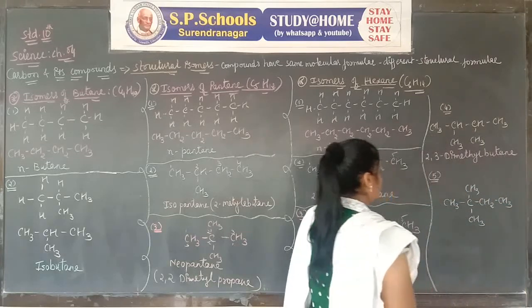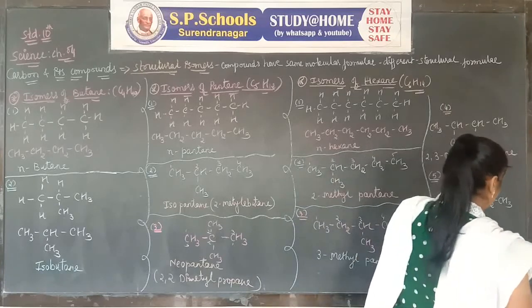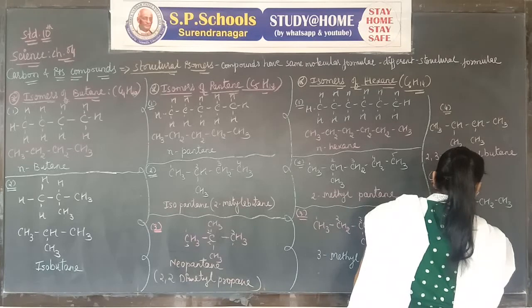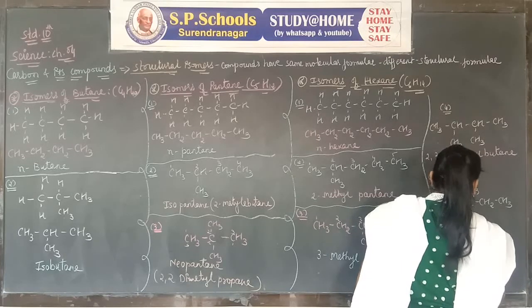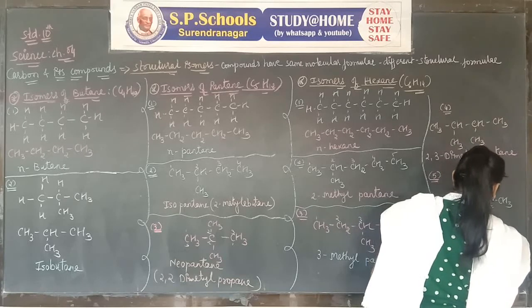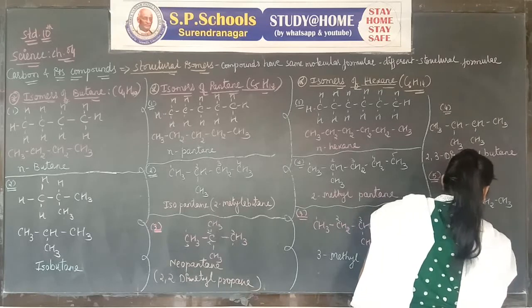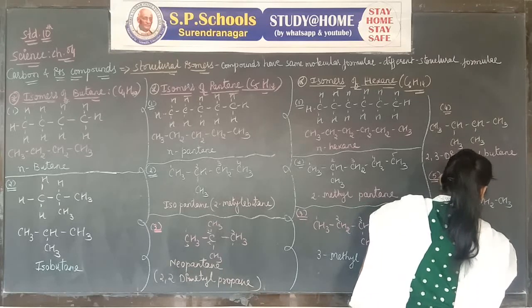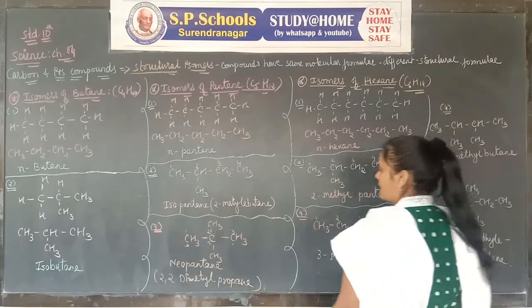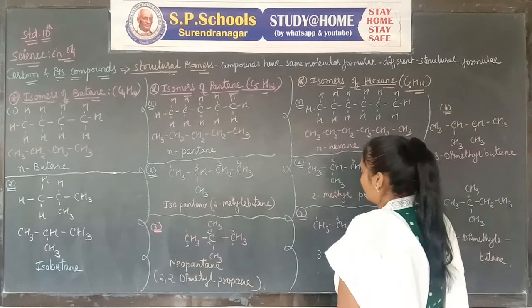If two methyl groups are present on the second carbon, it will be called 2,2 dimethyl butane. Same like here, 2,2 dimethyl propane, 2,2 dimethyl butane.